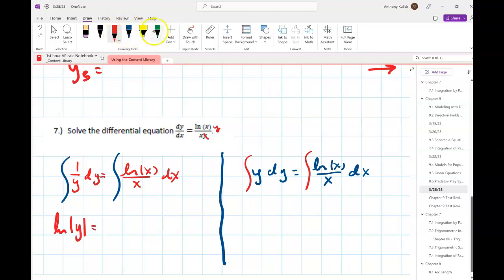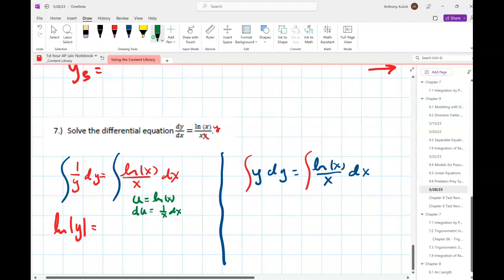To integrate natural log x over x, I'm going to need to use u substitution. So the u there you'd pick would be the natural log. So du is going to be 1 over x dx.